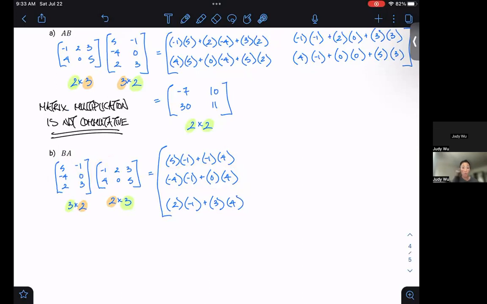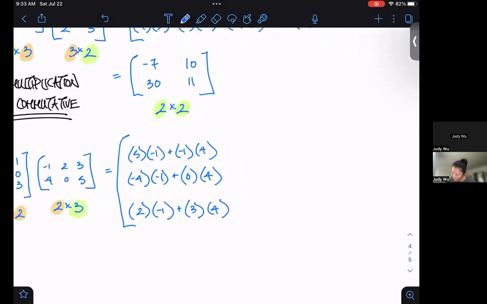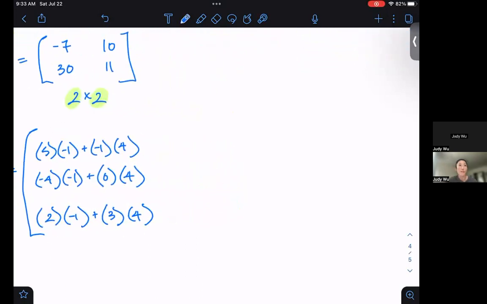Okay, now we're going to work our way across. So first row times second column. All right, and let's see what that gets us. First row times the second column. So that's going to be 5 times 2 plus -1 times 0.